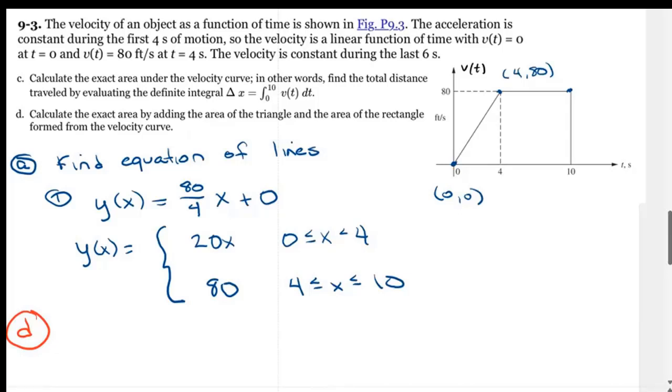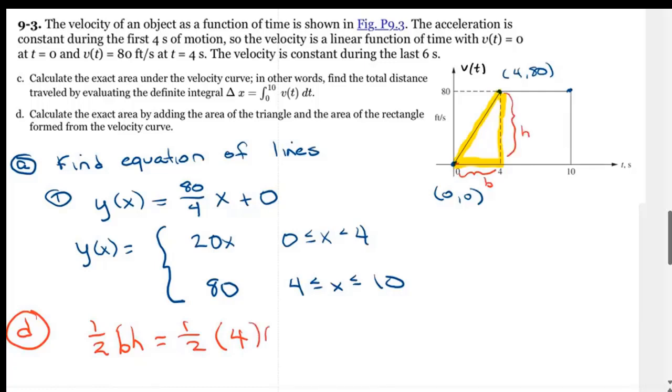So for D, I have this triangle. And the area of a triangle is 1/2 base times height. So 1/2. The base here is 4. This is the base. And obviously this is the height.